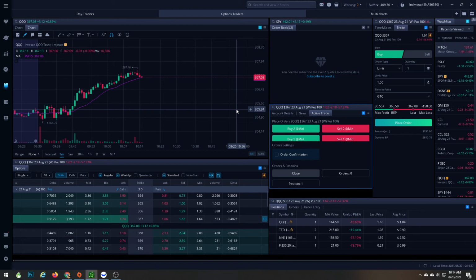Yeah, I still think it can break below. I've been saying it since the beginning. I could definitely be wrong. I might have to cut losses if it doesn't break below here. Looks like it is going to.